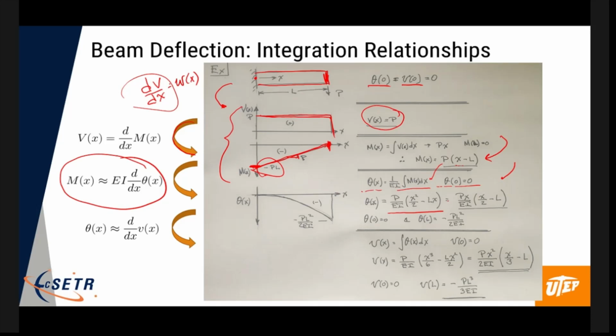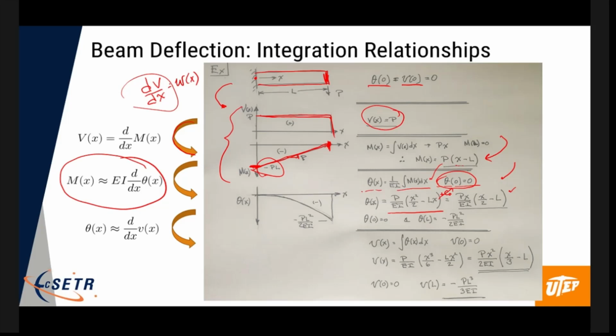P on EI is X squared on 2 minus L times X, right? There should be a constant of integration there, but we have to use the fact that the slope goes to 0 at X equal to 0. So if you put in X equal to 0 here, you're going to get the fact that the slope goes to 0, right? And you can just massage it again like that, right?